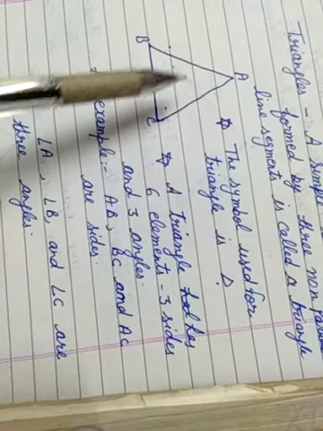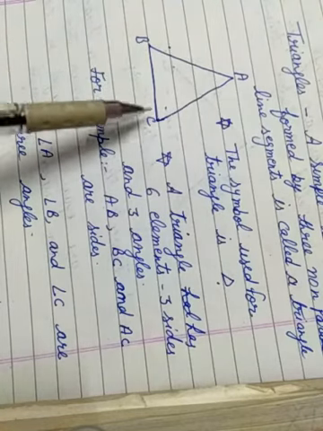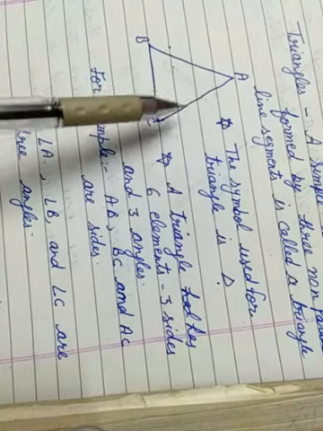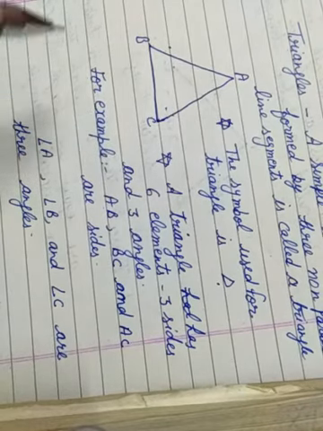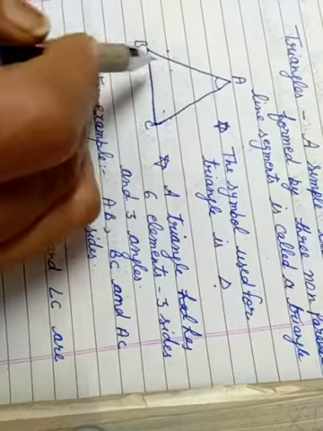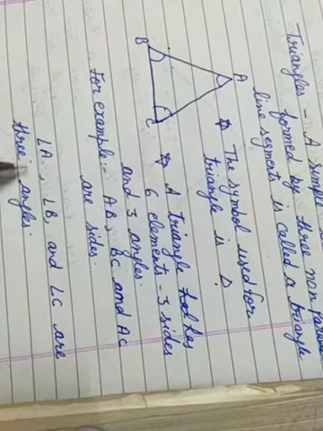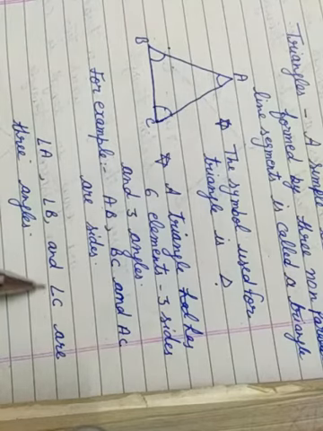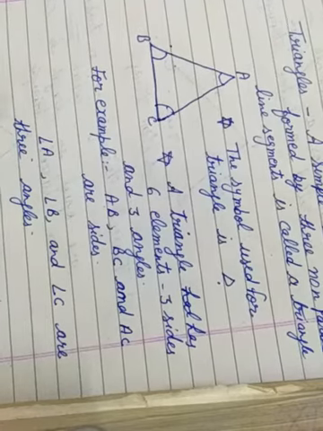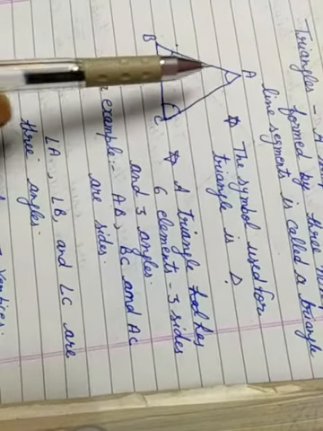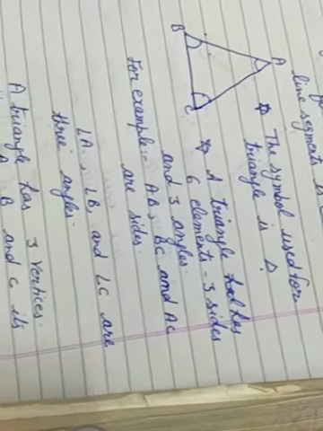For example, in this triangle, AB, BC and AC are its 3 sides, and angle A, angle B and angle C are 3 angles in this figure. The names of the angles are angle A, angle B and angle C.